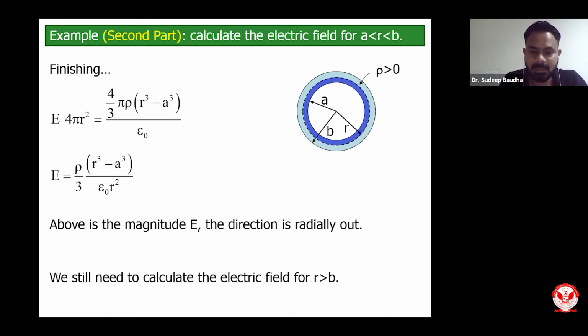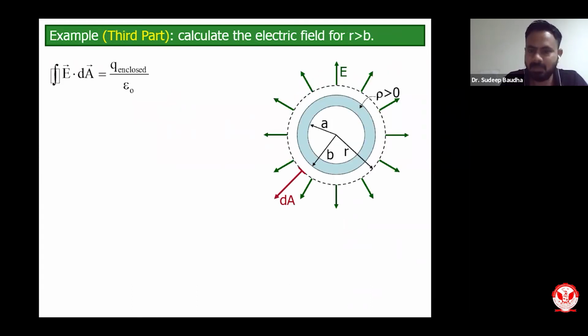Now the last part is we need to calculate the electric field for R greater than B. So let us see how to calculate it. Again, we'll choose a Gaussian sphere of radius R, and we have this dA vector which is parallel to the electric field.